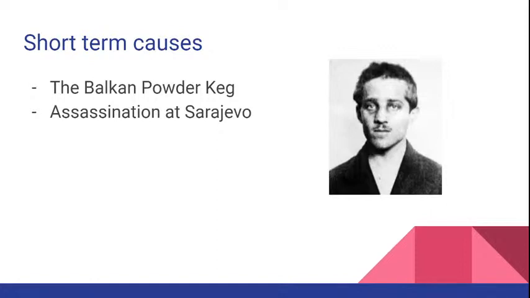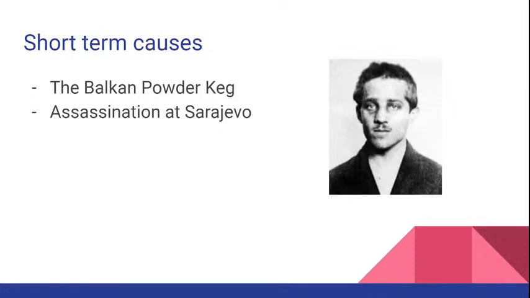During this time, the driver of Franz Ferdinand's car messed up a turn and took the wrong turn. Princip was just eating lunch, and out the window he sees Franz Ferdinand, so he just barrels out of the door and shoots him, and that is how Franz Ferdinand was assassinated, along with his wife.